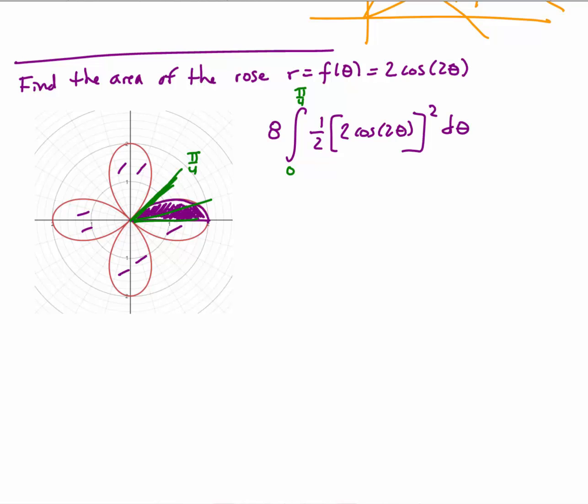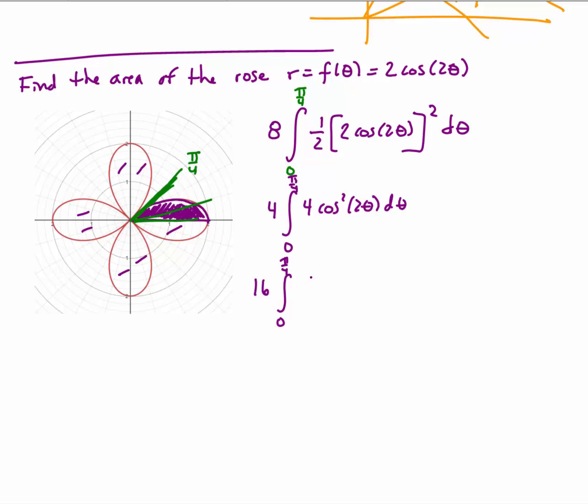So now we get to remember some integration skills. Half of 8 is 4, so I can pull that out front. 2 squared is 4, so 4 cosine squared of 2 theta d theta. Okay, 4 times 4 is 16, so I'll pull that 16 out front. Now, if you'll recall, the way I integrate cosine squared of 2 theta is I use a half angle identity.